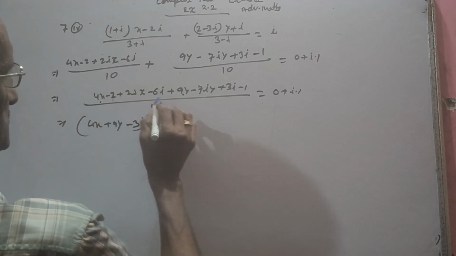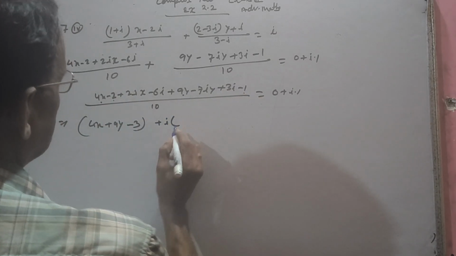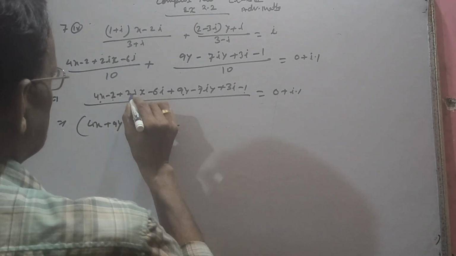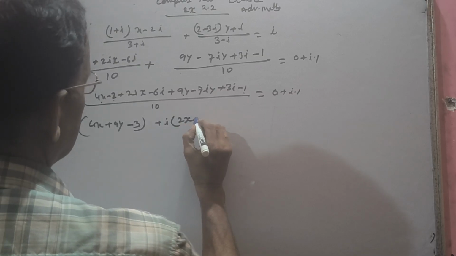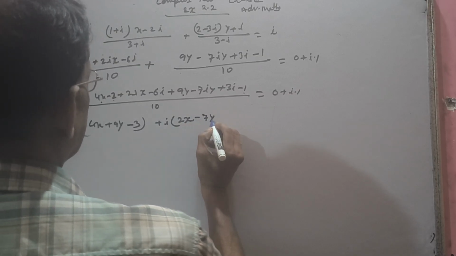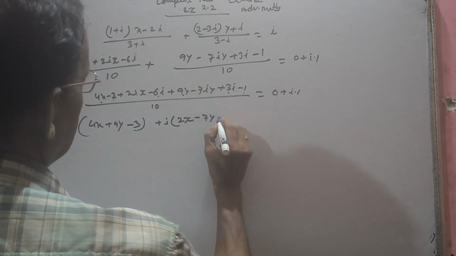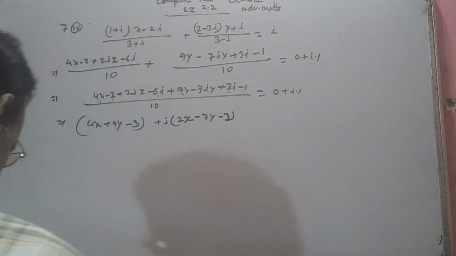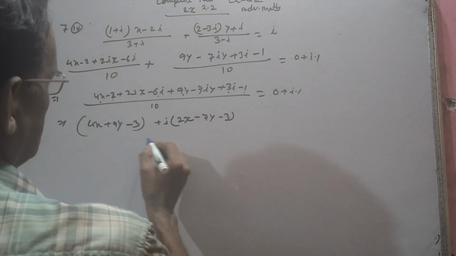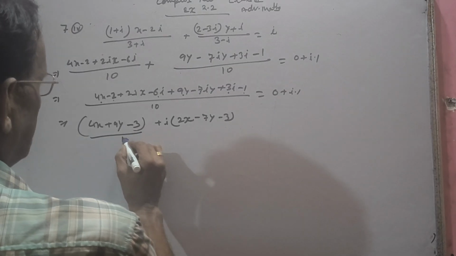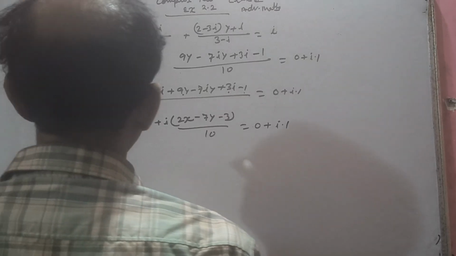So we have taken this and this. Plus, take i common. So what is left? Twice x minus 7y, and this is minus 6 plus 3, minus 3, by 10, equal to 0 plus i into 1.